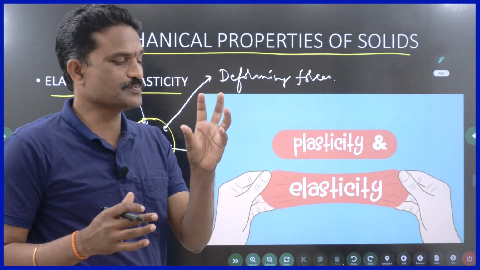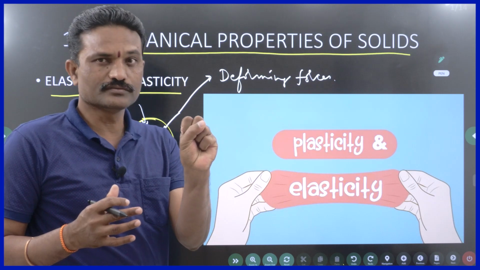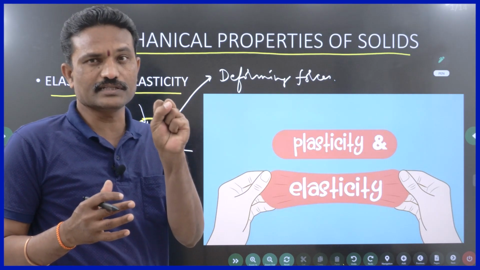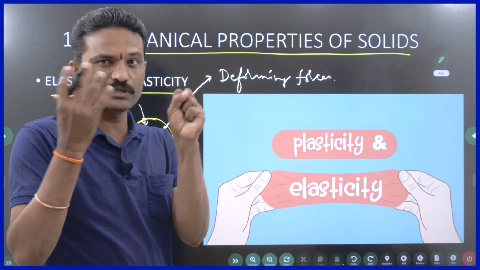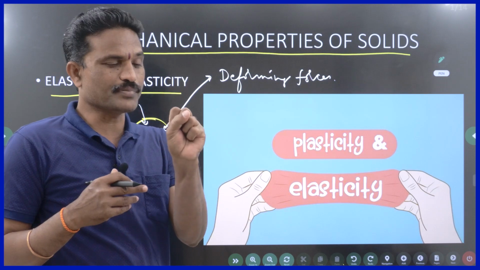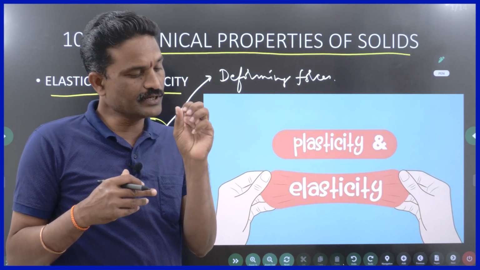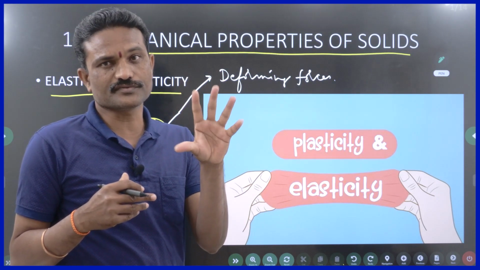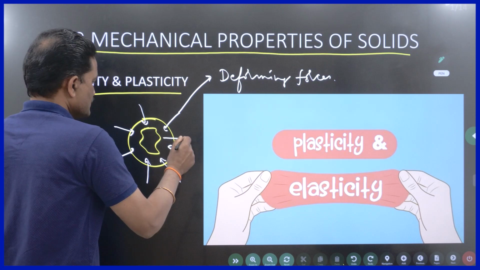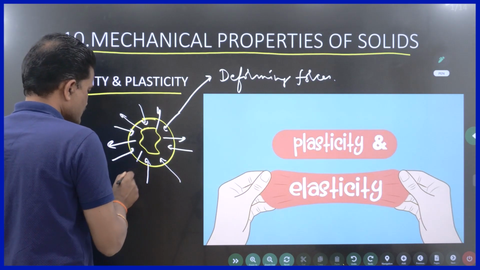So suppose you have a sponge in your hand, you just apply the force, it will come to a smaller size and it will lose its original shape and size. So this force, the force which is being applied by my hand, is called the deforming force. As soon as I remove the deforming force, what happens? So there will be forces acting within the object to bring back its shape and size.